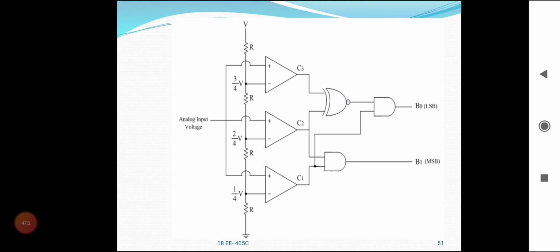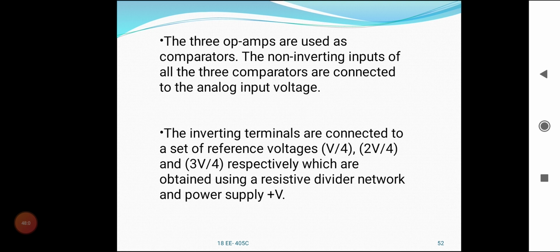Additionally, 2 AND gates and 1 exclusive NOR gate. The V input is divided with resistors R and R. So the first node has 3/4 V, the second node has 2/4 V, and the third node has 1/4 V. The analog voltage is converted into digital bits B0 and B1.